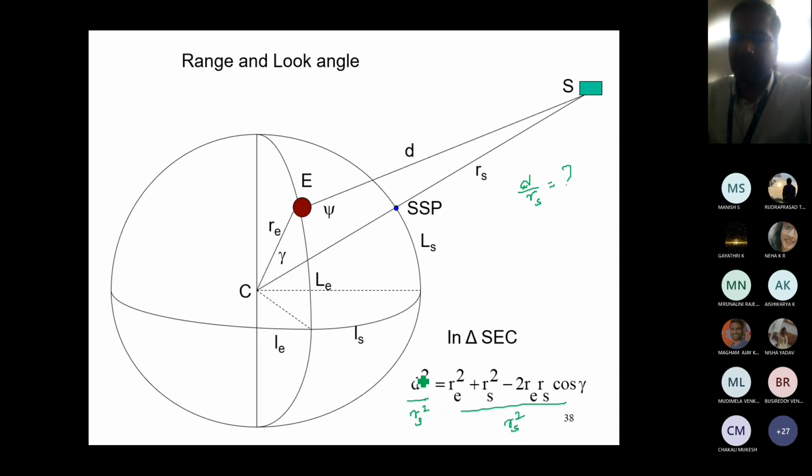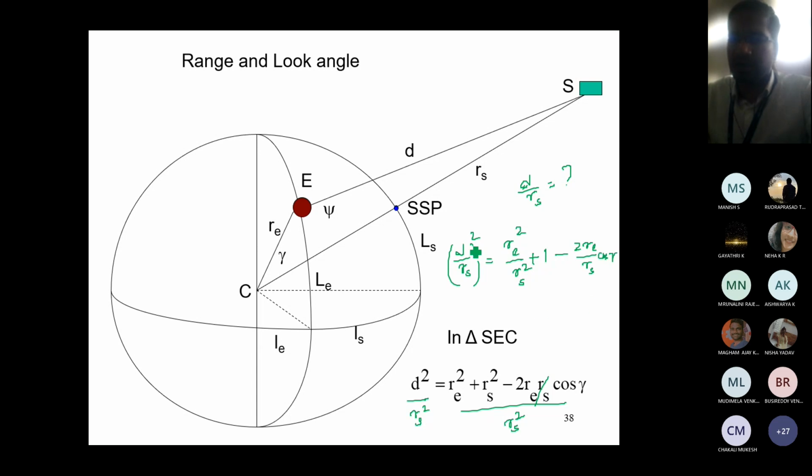So in the left hand side, I will have d square divided by Rs square, that is equal to d by Rs whole square, that equals, in the right hand side, Re square divided by Rs square plus, this Rs square and this Rs square will cancel, plus 1, then minus 2Re divided by Rs multiplied by cos gamma.